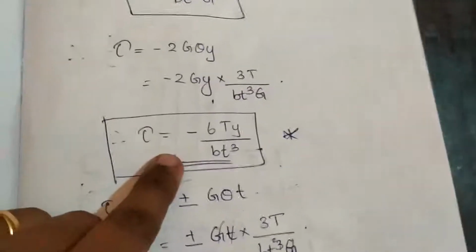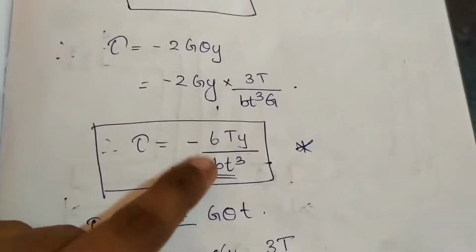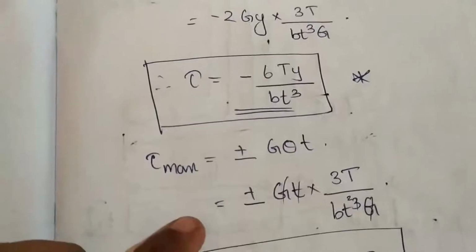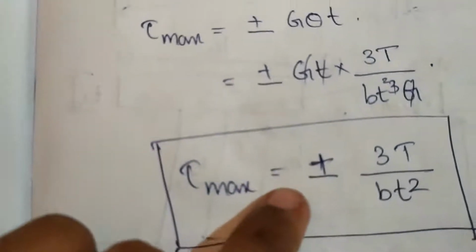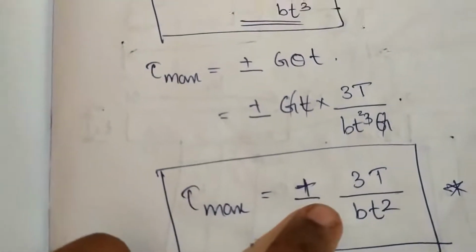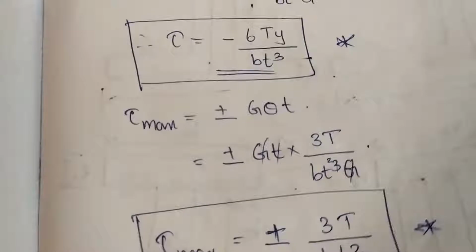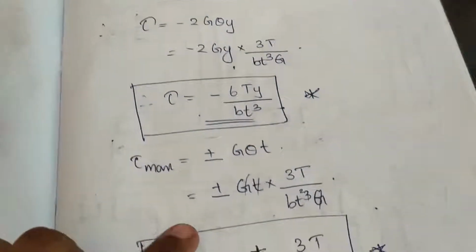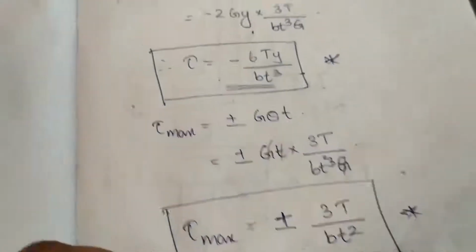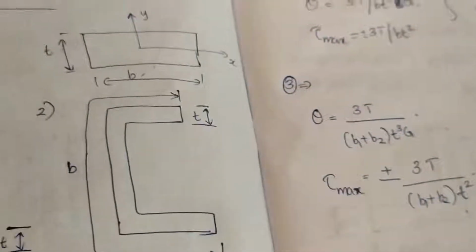So you will get tau equal to minus 6 T y by b t cube. Similarly, tau max is plus or minus G theta t. You apply this equation, tau max is 3T by b t square. So these four equations are very, very important for doing the problems and for some concepts also. Okay, clear?